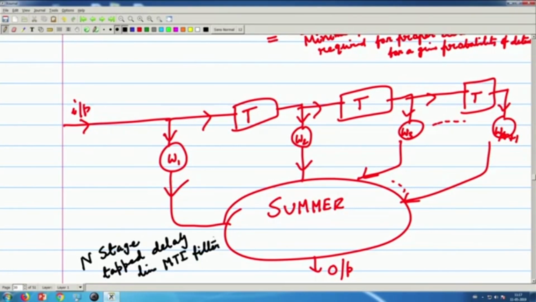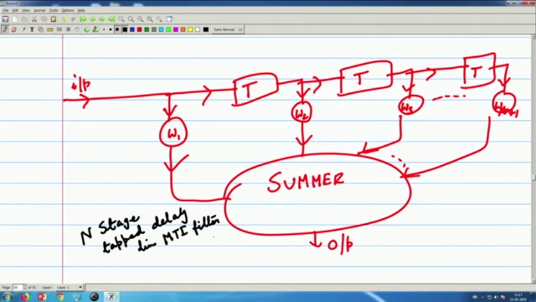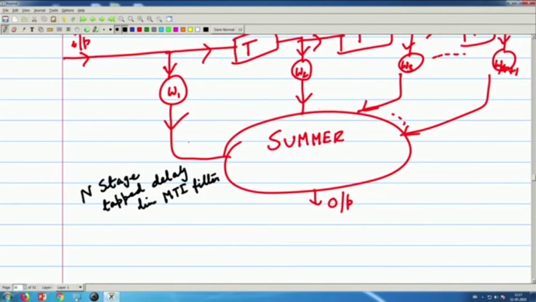Now, how to choose these weights W1, W2, W3, W4? We have seen 2-3 cases, and at that time we had not recognized it, but you will see that the values we got are nothing but binomial coefficients.